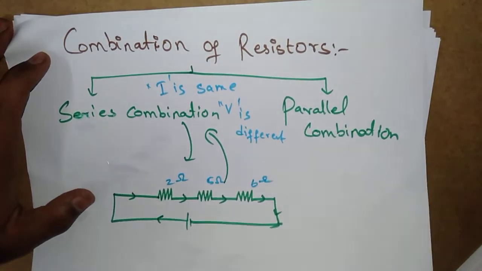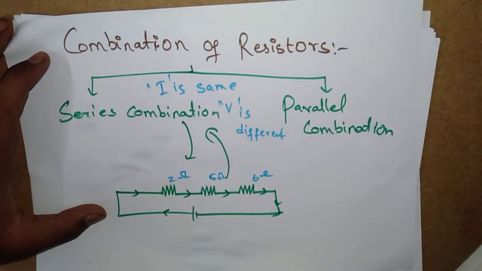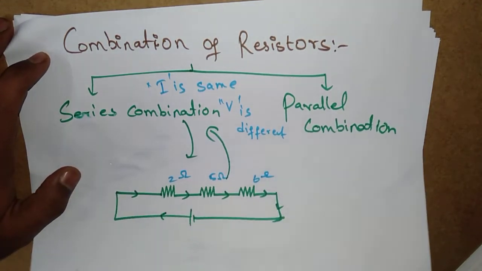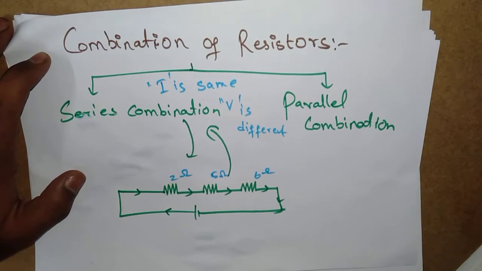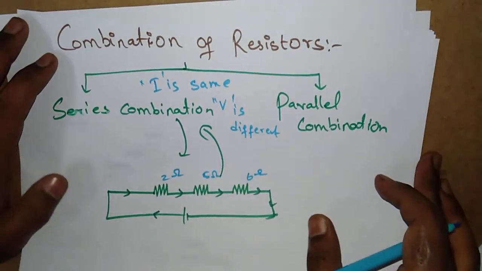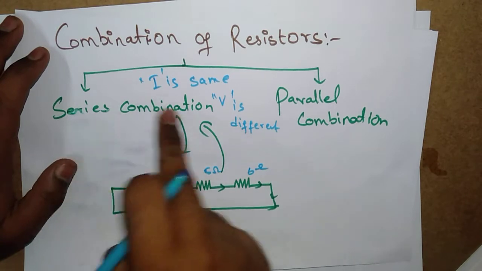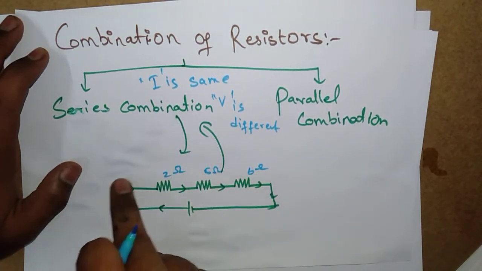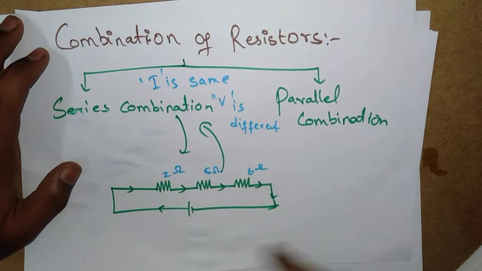The voltage depends upon the value of resistance, so depending upon the value of resistance the voltage is different in series combination. So one thing should be clear: in series combination the resistors are arranged in such a way that there is only one path for electric current to flow.